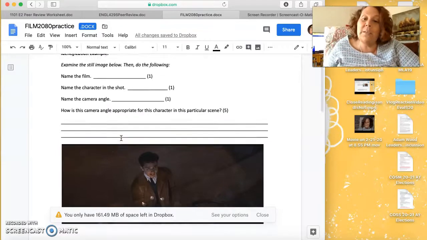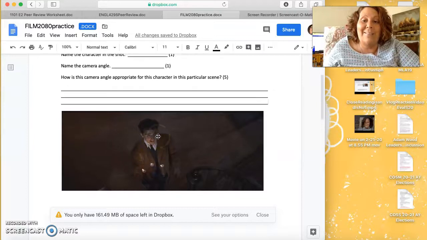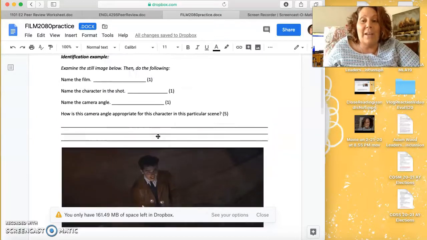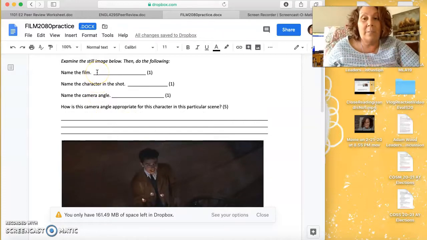Okay, so here, of course, this is from Rebel Without a Cause, this screenshot that I have here. And notice how I'm asking them to recall. Name the film, name the character in the shot. So again, that's plot, that's comprehension if we're thinking back to Bloom's taxonomy. Then I'm asking them to think about the toolbox, the conventions: name the camera angle.